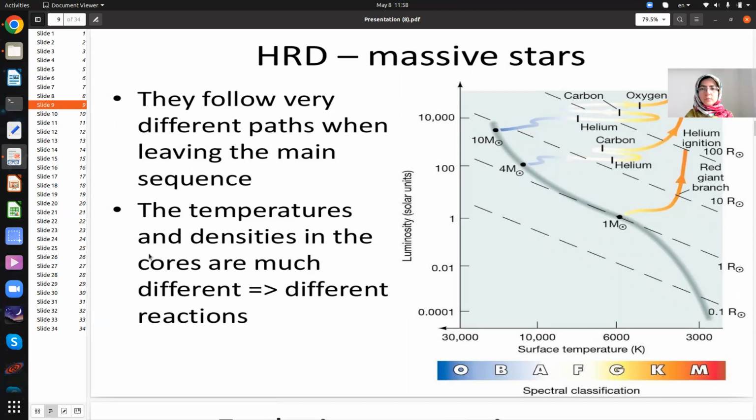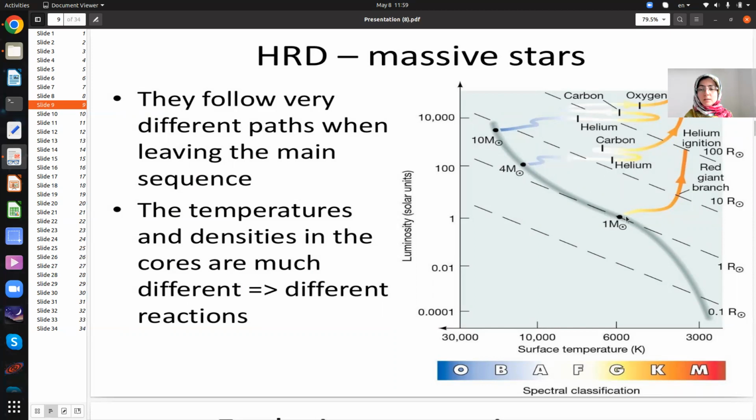In the HR diagram for massive stars, you see they follow very different paths when leaving the main sequence. The temperatures and the densities in the cores are much different, as are the reactions. For example, when the star has 10 solar masses, it has a helium and then a carbon and oxygen shell core, and if it has 4 solar masses, it becomes a helium and carbon shell core.